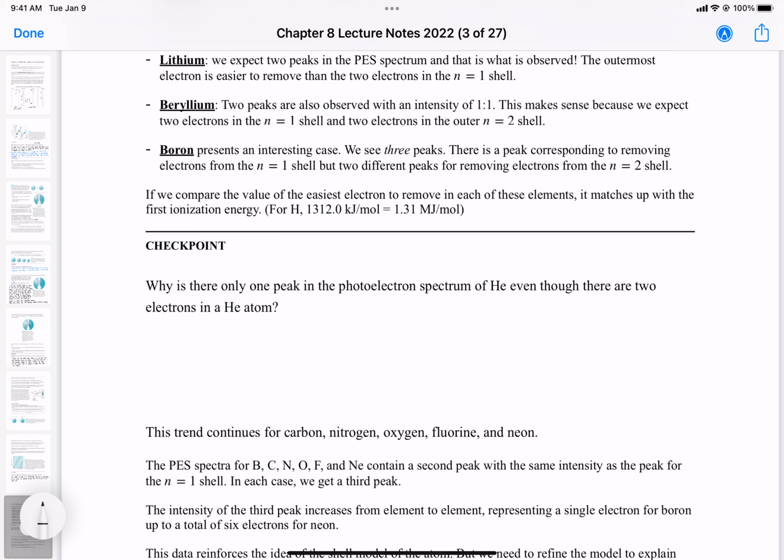So why is there only 1 peak in the photoelectron spectrum of helium, even though there are 2 electrons in the helium atom? So that's a good question.